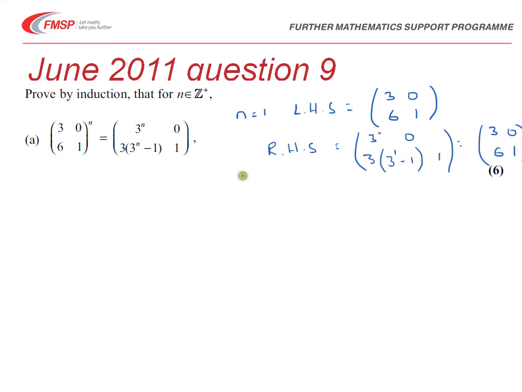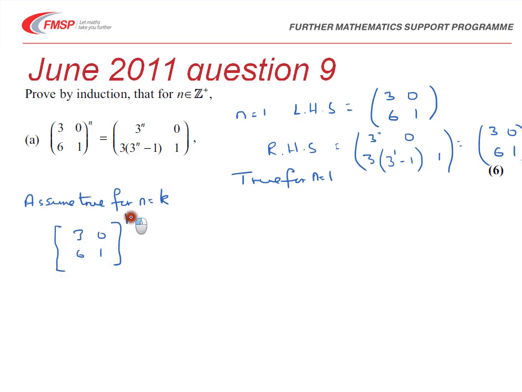So it's true for n equal to 1. If we assume it's true for n equal to k, then we need to, on the basis of that, show that 3, 0, 6, 1 to the power k plus 1 is given by the same formula.